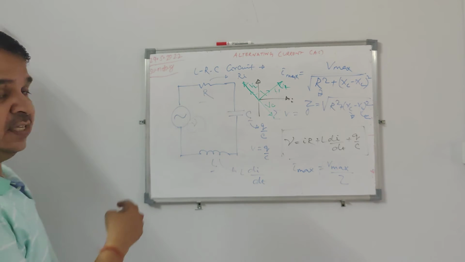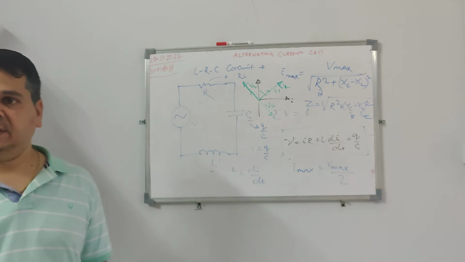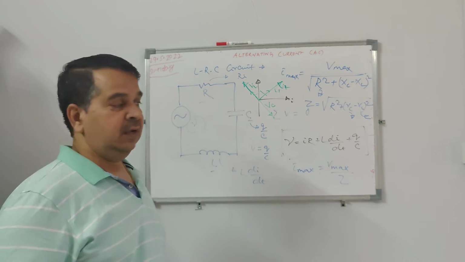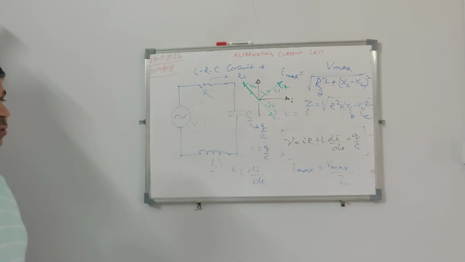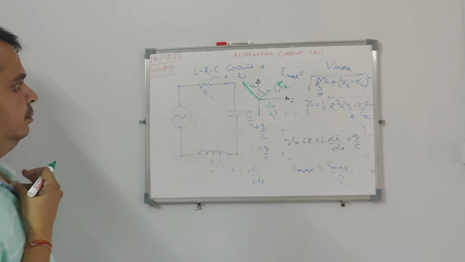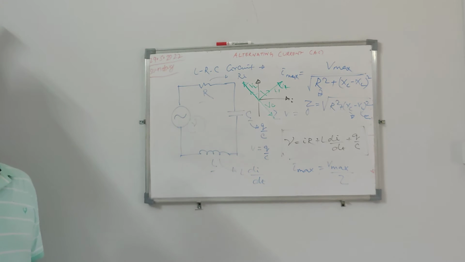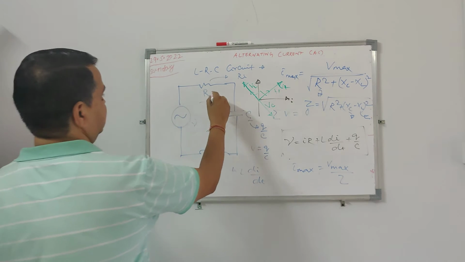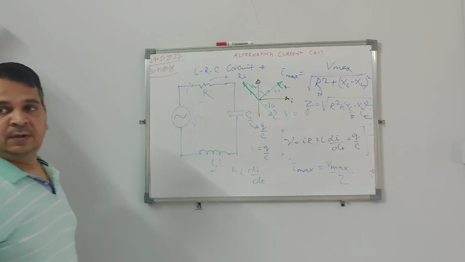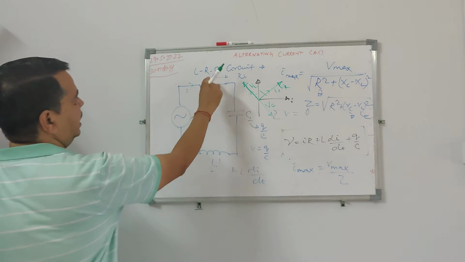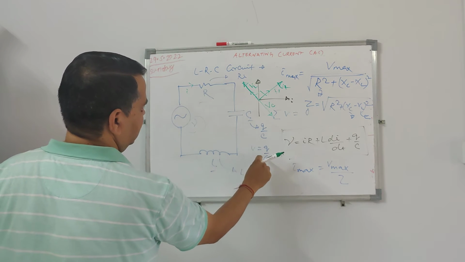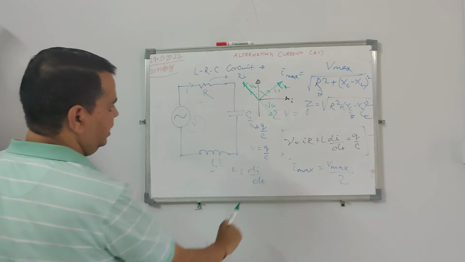Because it is a series circuit, current will remain constant throughout. Let us say the current flowing is I. So IR, and then this is L di by dt.